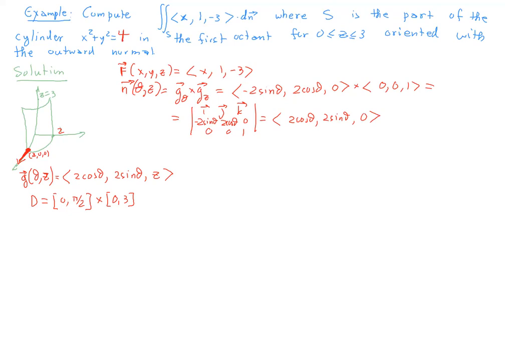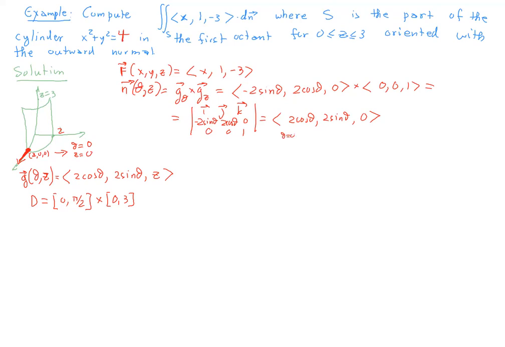Okay, so how do we know whether it's the correct one or not? This point, the point 2, 0, 0, in terms of theta and z, what is it equal to? So theta at this point is 0, because it's the angle with the positive x-axis of the radial segment connecting the point to the origin, and z is equal to 0. Okay, but if you set theta equal to 0 here, what do you get?